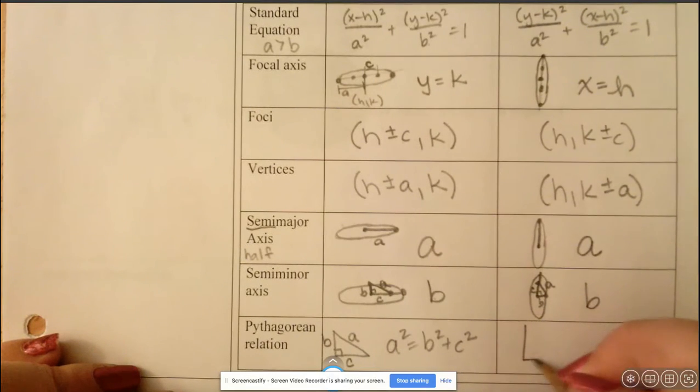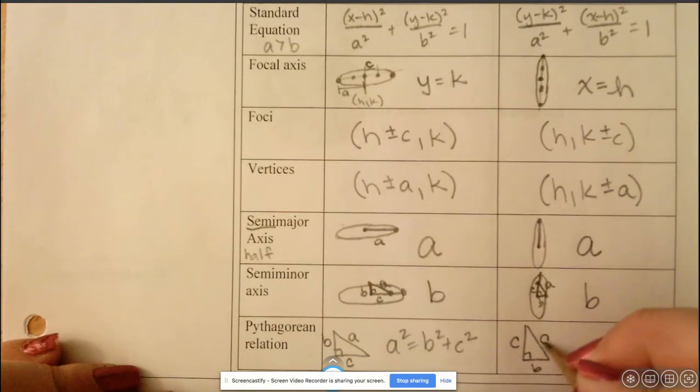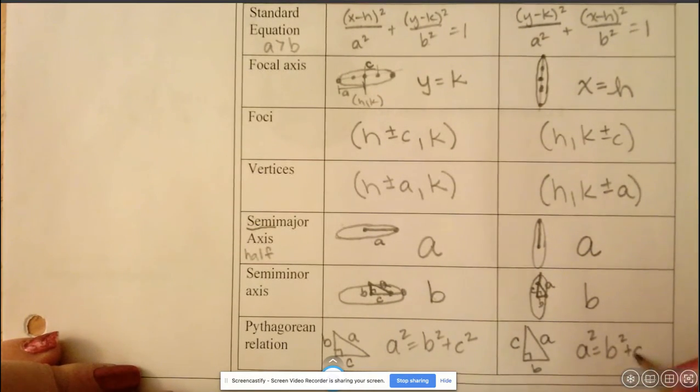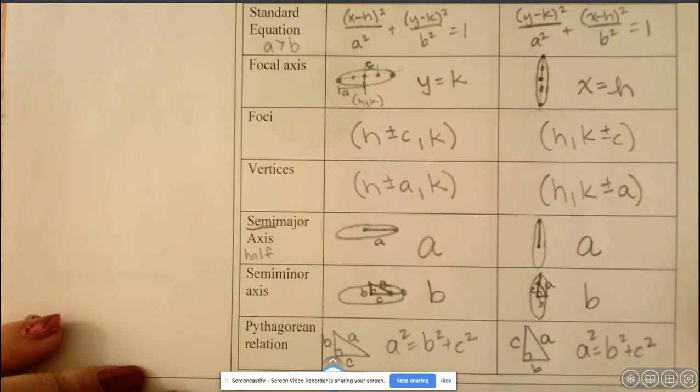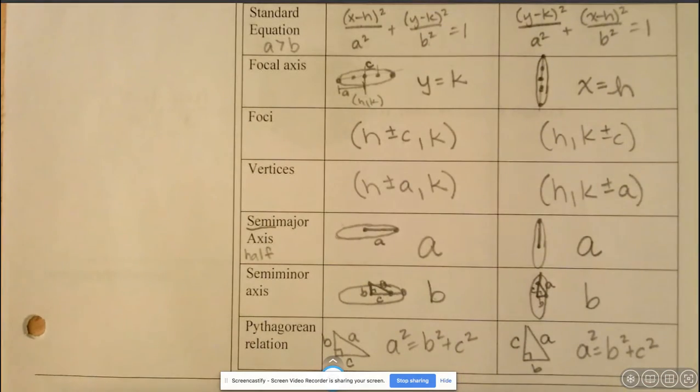But now b and c have kind of switched places. But the Pythagorean relation is still the same. So that's our content for ellipses. Those are our important points. So now we need h, k, and not p, but a, b, and c. h, k, a, b, and c are our important variables for ellipses.